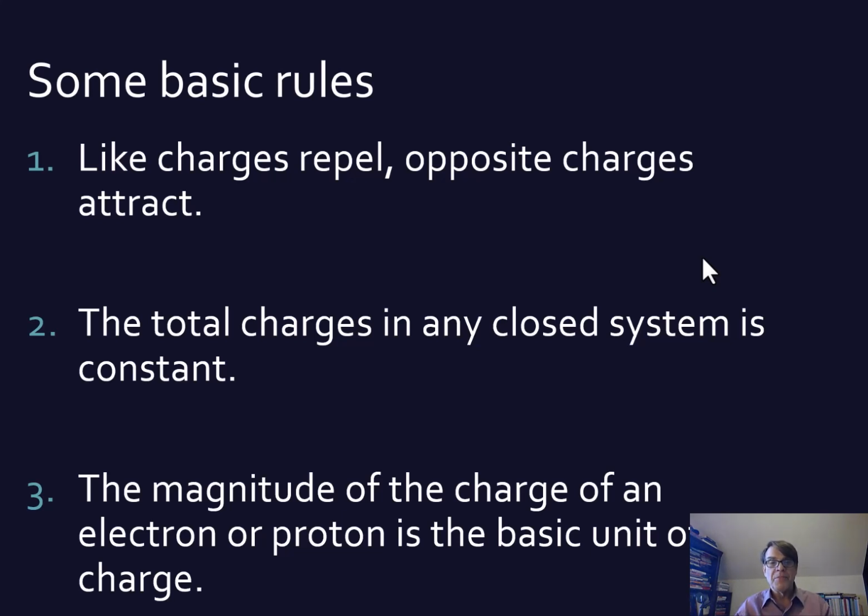So again, we're going to talk about atoms on the next slide, but basically in the early 20th century, it was discovered that the nucleus of an atom, the core of an atom, is positively charged and made up of something called protons, and each proton is a +1 charge.